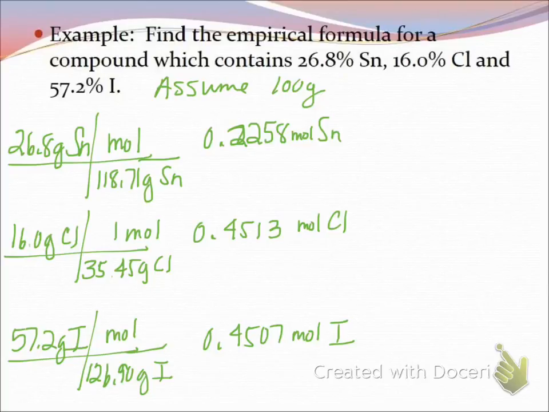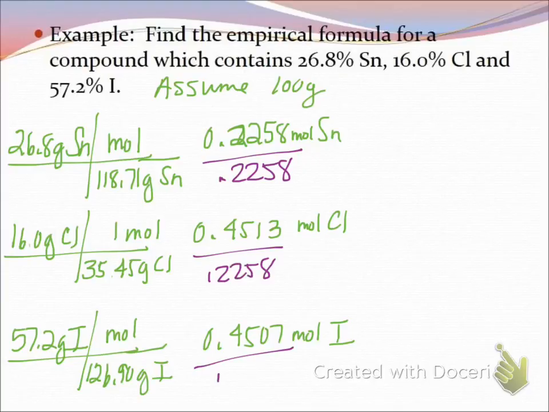So what is my next step after I put everything into moles? Divide by the smallest, which is tin. So divide everything by 0.2258. So that's going to be 1. This comes out to 1.998.